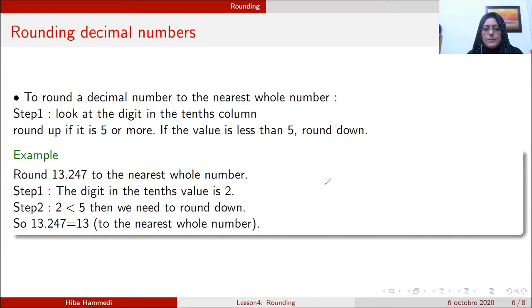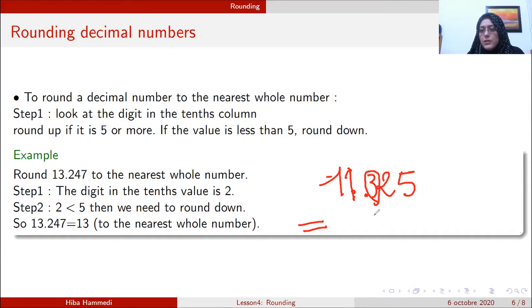All right, another example, maybe it wasn't clear. So let's take 11.253. Yeah, so I want to round this number to the nearest whole number. So I will focus on the tenths value. The tenths value is 2. 2 is less than 5.